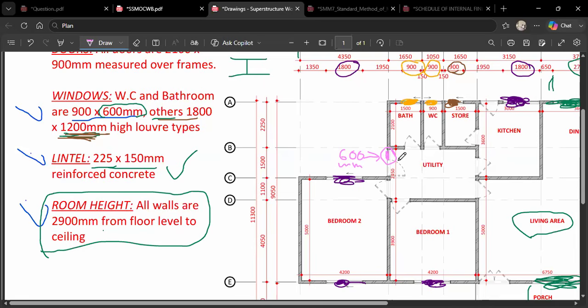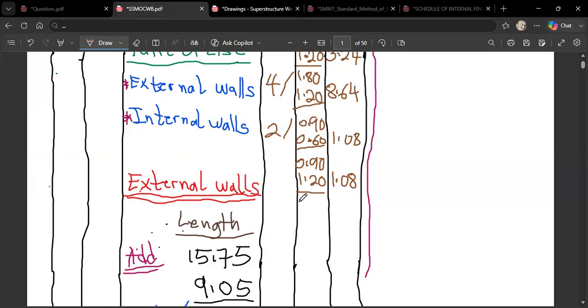So for this one, the height is as usual 1,200. It's still the same thing, and that is 0.60 times 1.20.